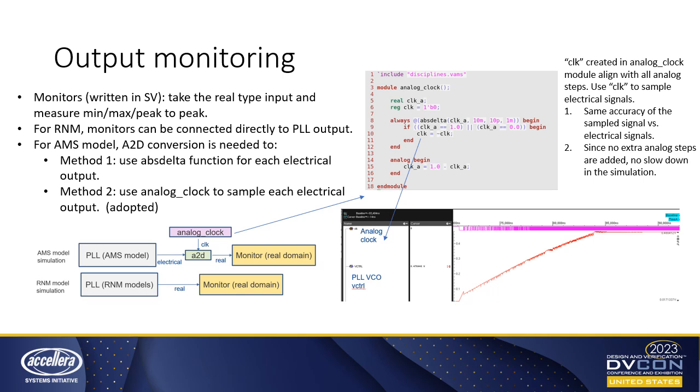However, to connect to the AMS model, we need to insert an A2D module to convert electrical type to digital type. Instead of using the fdelta function to do the conversion, we are using an analog clock module to generate a digital clock which aligns with the analog time step, and use this clock to sample the electrical signal. This method enables accurate conversion without slowing down the simulation.